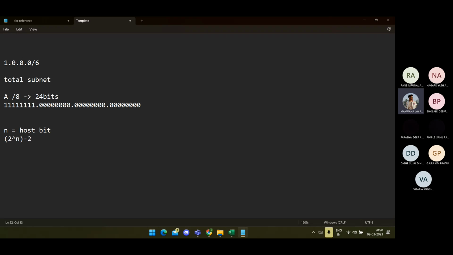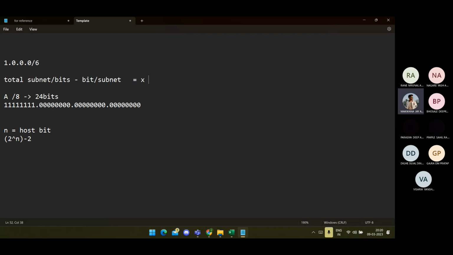Total bits it can go minus the bits of subnet given. The subnet is /6, right?